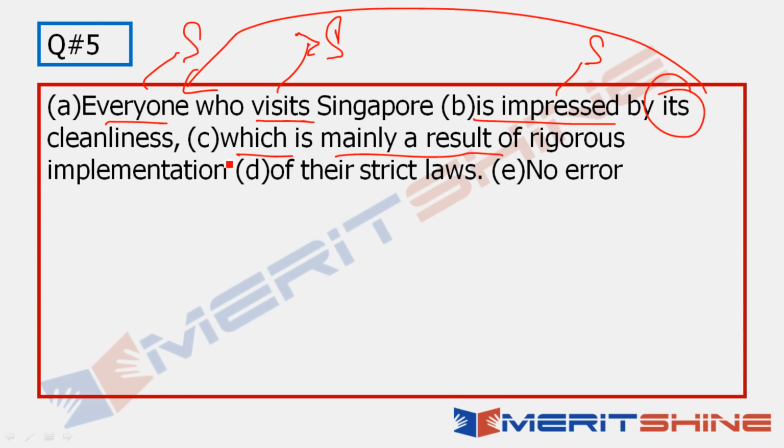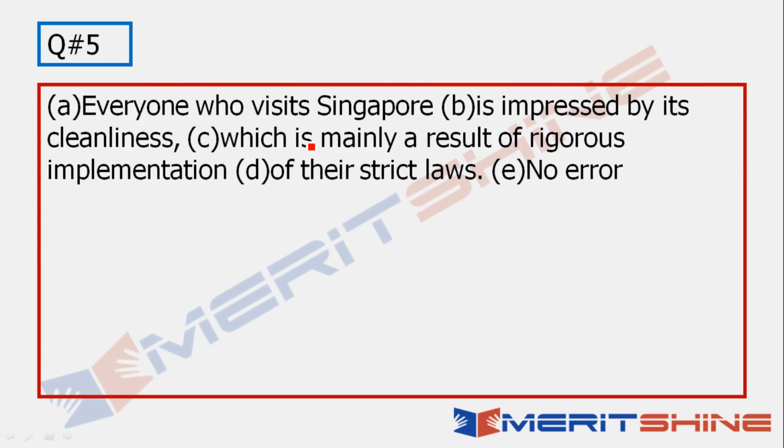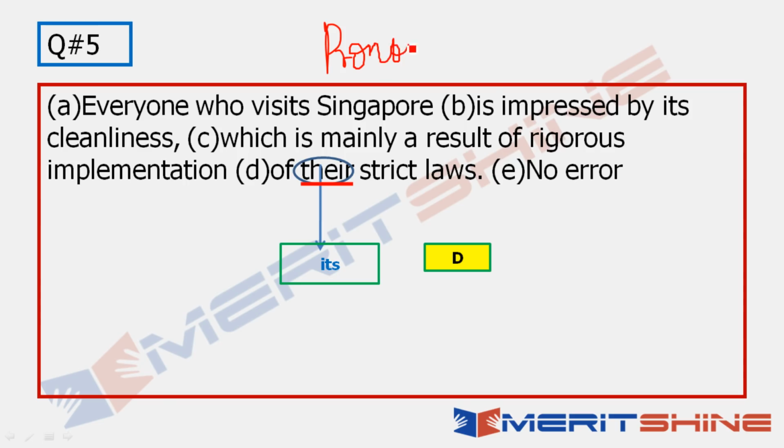Which is mainly a result of rigorous implementation of their strict laws. So if you are referring to Singapore as its here, why would I refer here as their? So we will not refer here as their, we will refer to it as its. So that's the answer. The answer is D. And why is it so? Because the error is of pronoun reference.